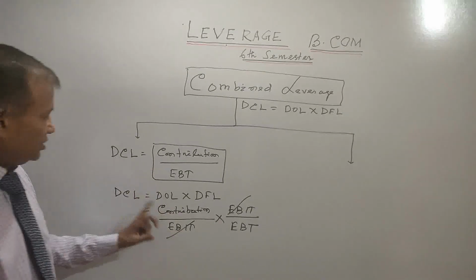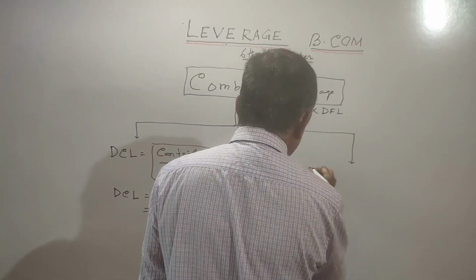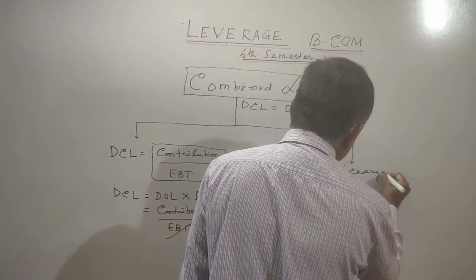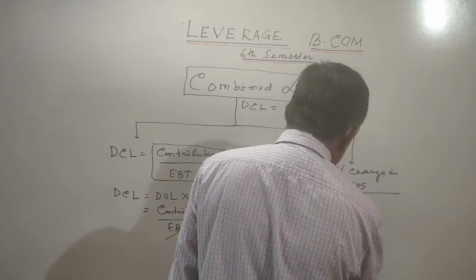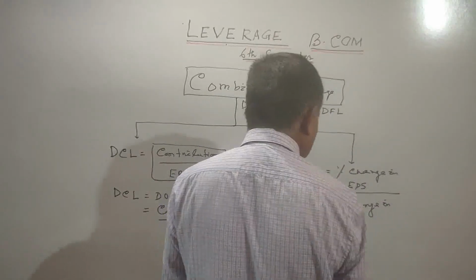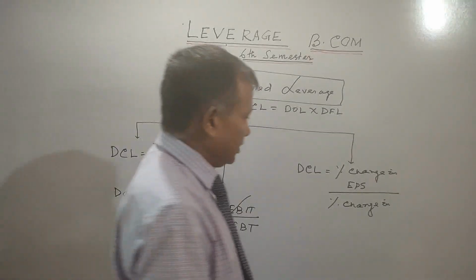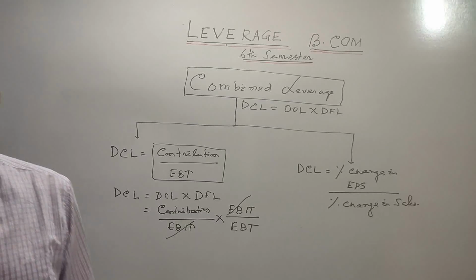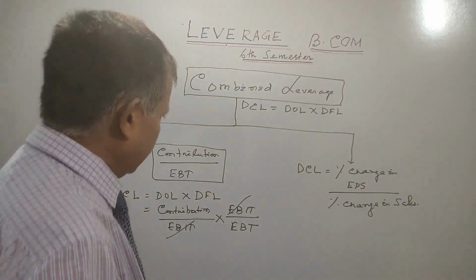So this is one formula, and another one is through EPS: percentage change in EPS by percentage change in sales, right? With this formula we can calculate the combined leverage.